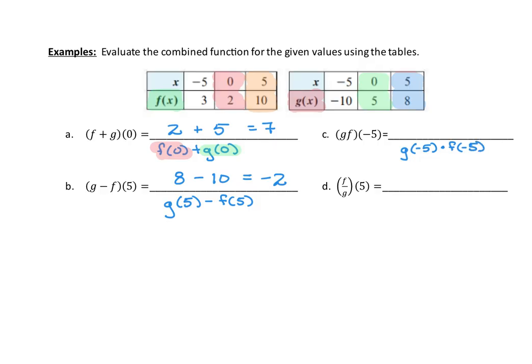And so when we plug this in, g of negative 5 is going to be negative 10, and f of negative 5 is going to be 3. If we multiply these two numbers, we get negative 30.